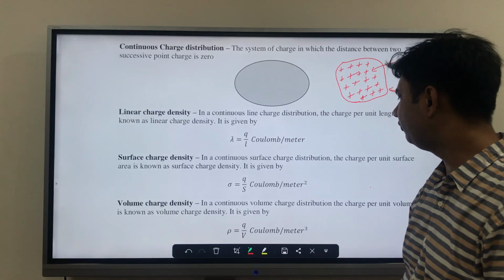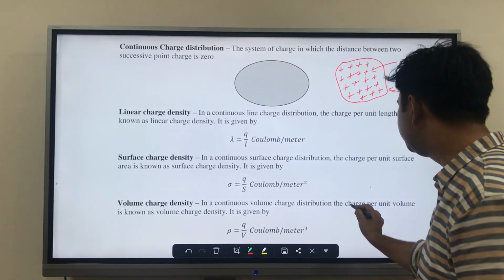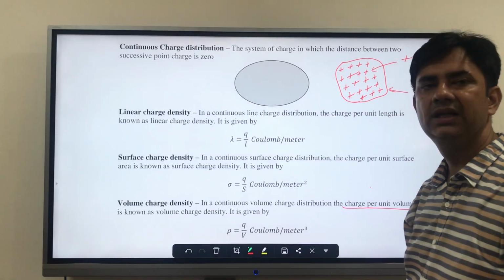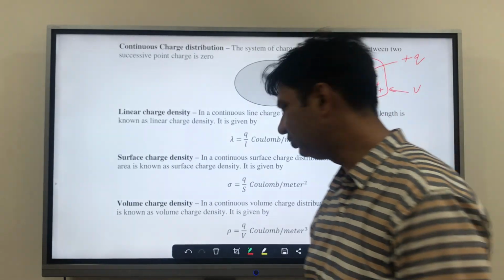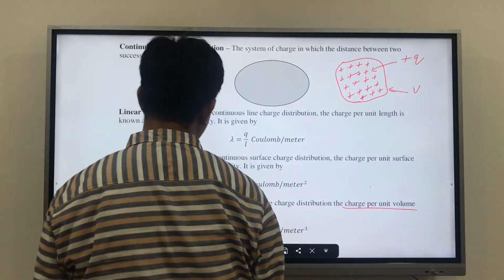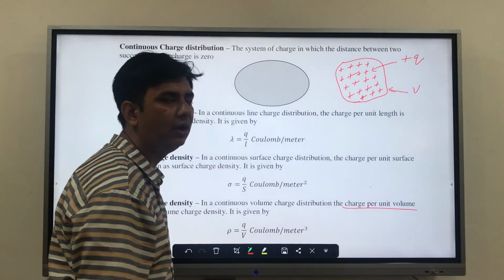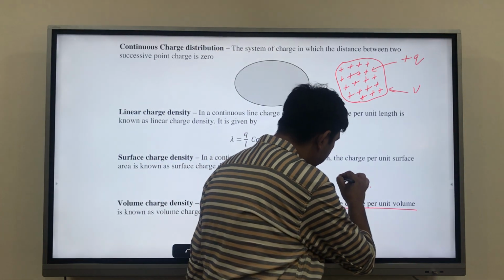It is a continuous volume charge distribution, and the charge per unit volume is known as volume charge density, and we denote it with rho.